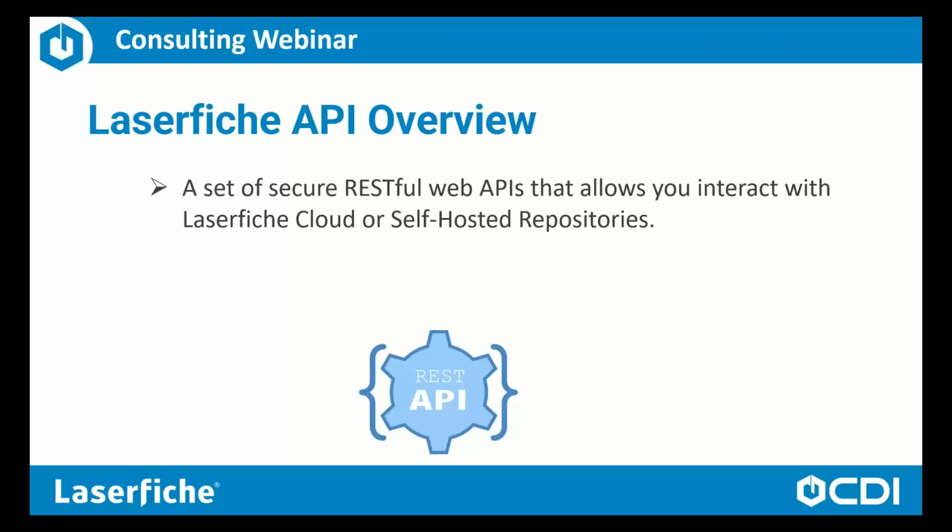A RESTful web API, which stands for Representational State Transfer, I had to look that one up, is a fancy way of saying it's an API that you interact with over HTTP web requests. The API is language agnostic and can even be used through a web browser itself.